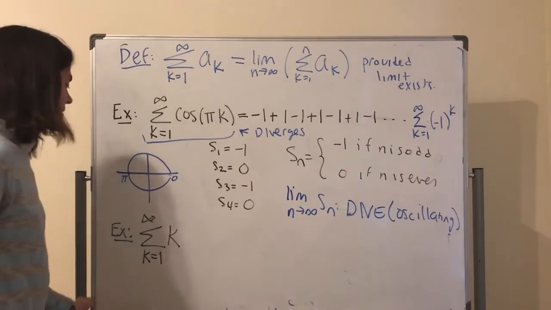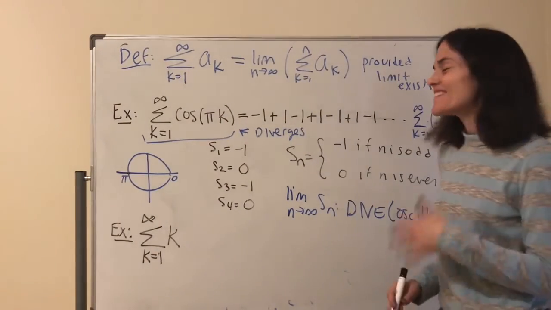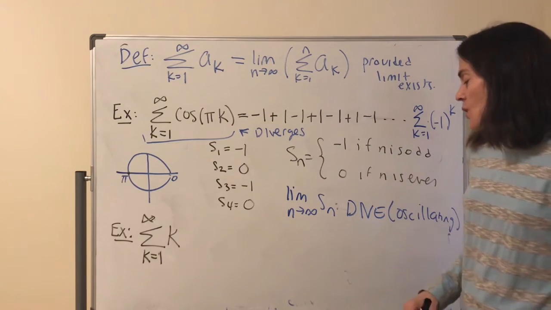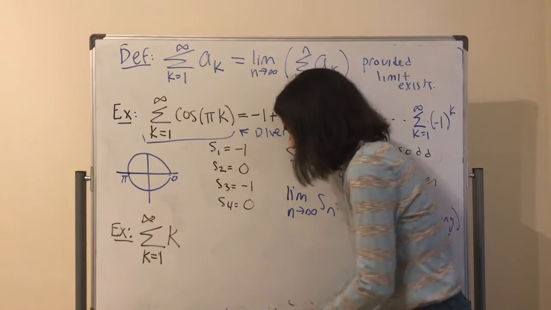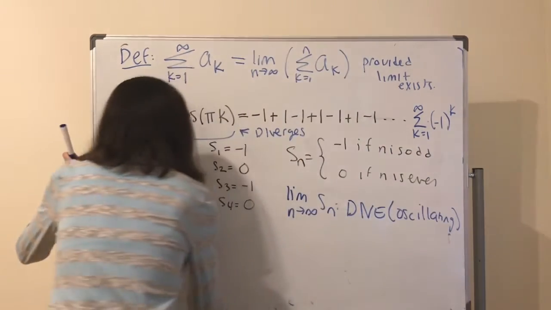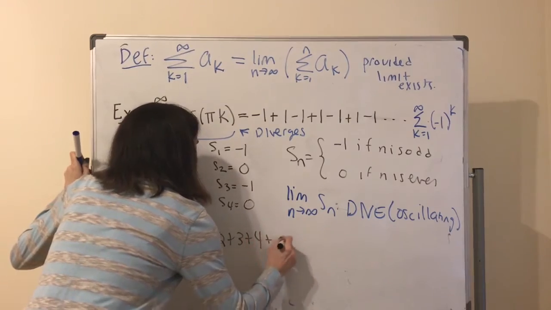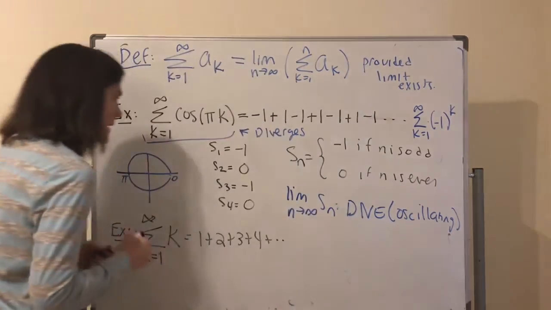Okay. So I'm just adding up 1, 2, 3, 4, 5, 6, 7, like this, all the way up to infinity. Well, let's compute. Maybe I'll write the terms. So this is 1 plus 2 plus 3 plus 4, like this. So let's compute a few partial sums.